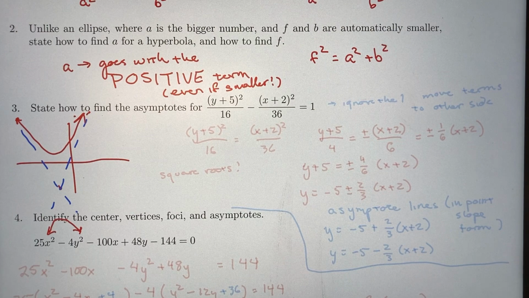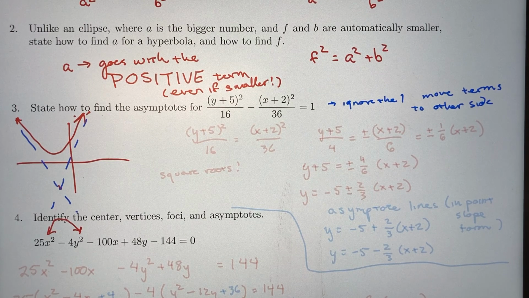So to get the guidelines, to get the asymptote lines, we first of all ignore the 1. And move the terms to either side. If the x term is negative, I just move it.